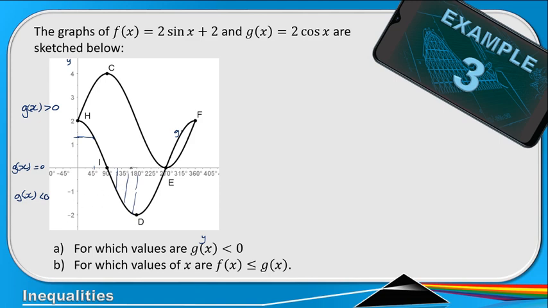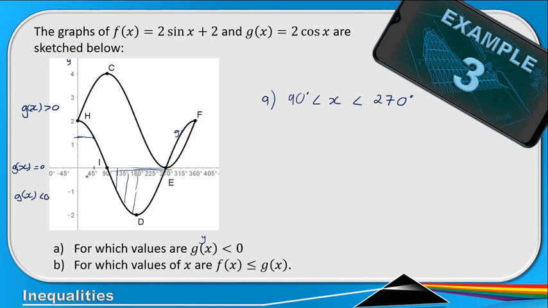So for these x values right here, g(x) will be less than 0. We answer by saying 90 degrees is less than x, which is less than 270, and this basically means that x lies between these two values, because this value is always less than x and x is always less than this value.